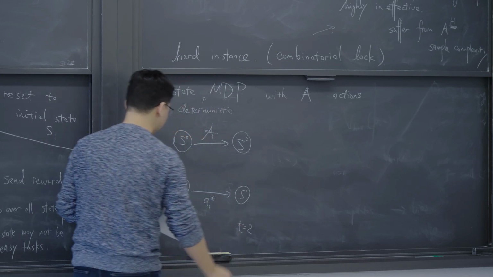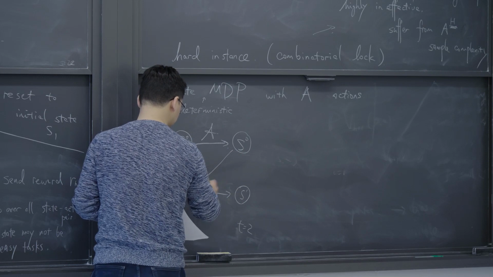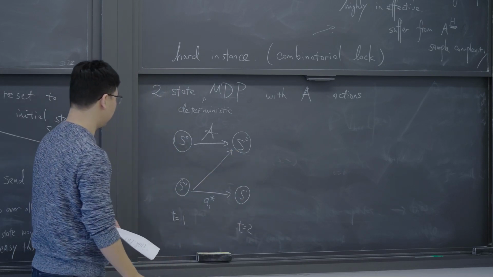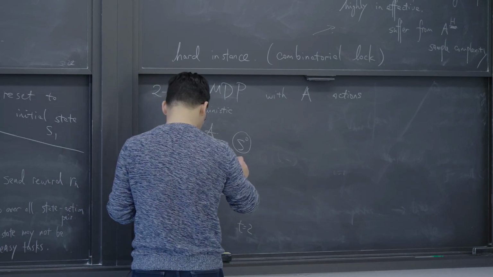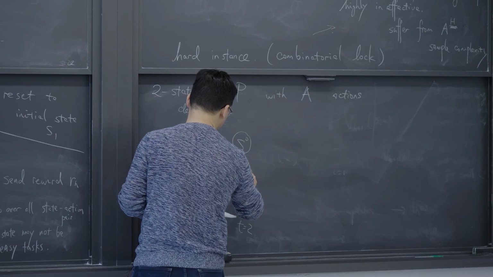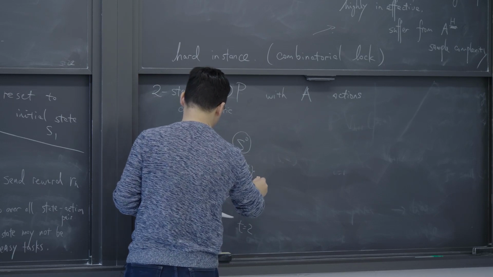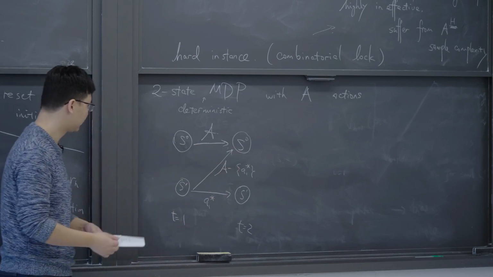That's called A1 star. For all the remaining actions, that is A minus A1 star, I'm going to go to S0.